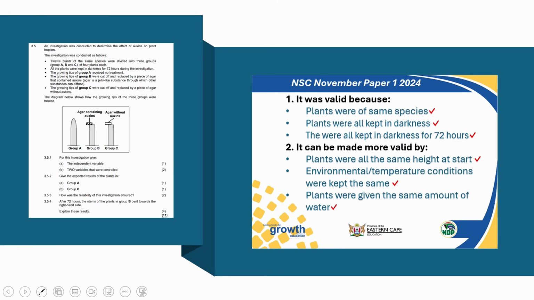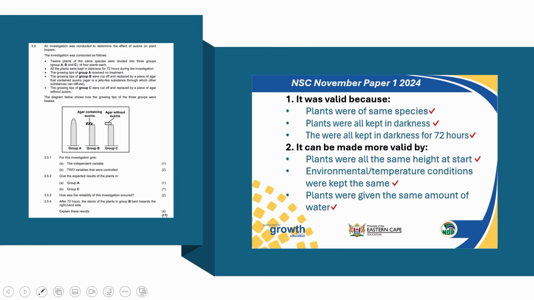We can make this investigation more valid if the plants were all the same height when we started, because this might affect how close they are getting to the light. Also, the environmental temperature and conditions could be kept the same.